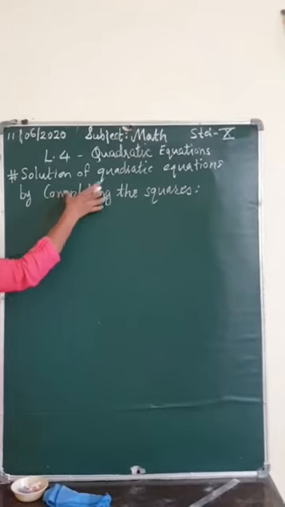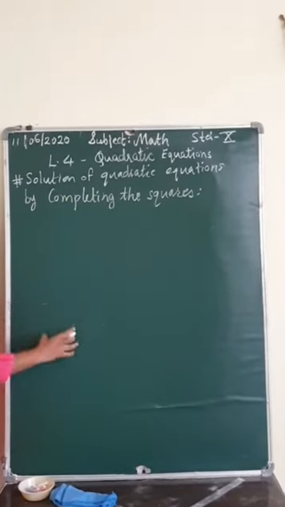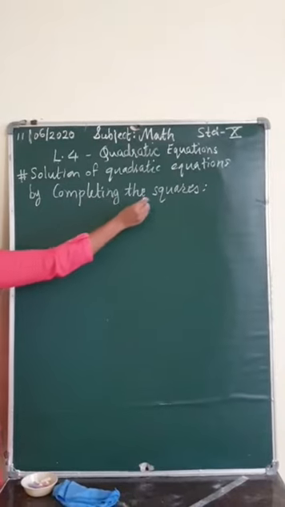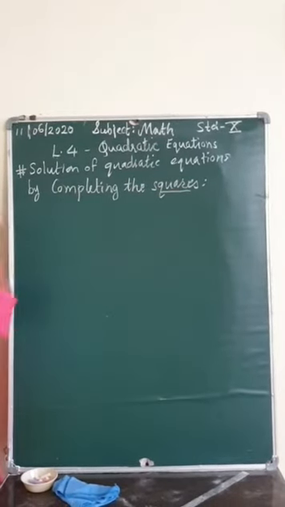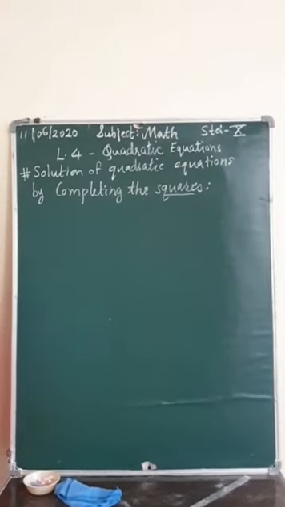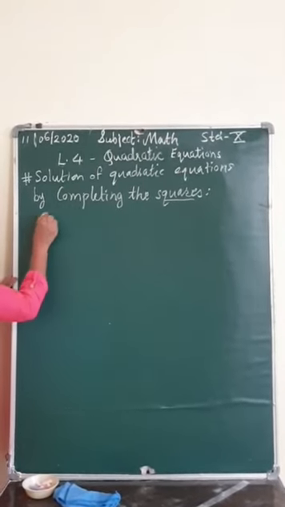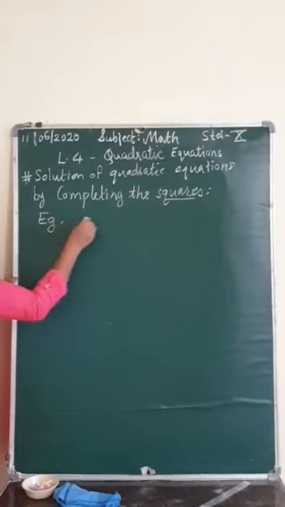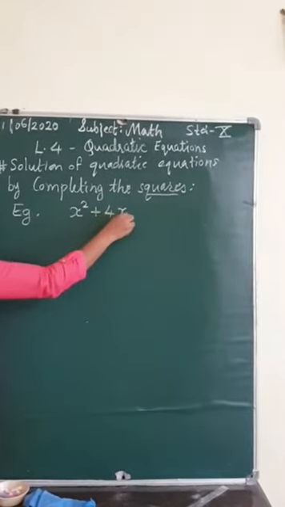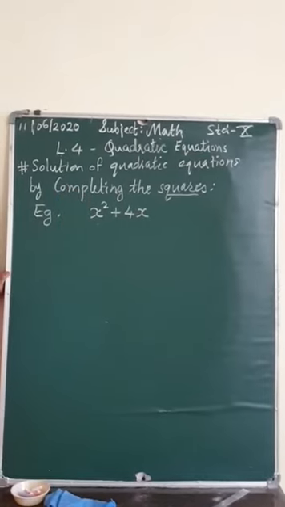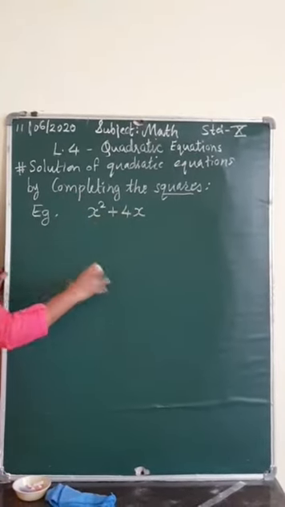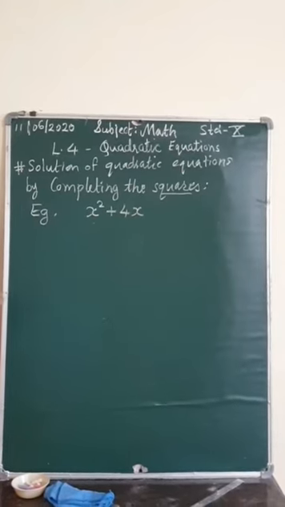Before we write the sums, we will see a square. When we say square, we have in our mind a square figure. So now if we have been given x square plus 4x, this quadratic polynomial, how do we represent this in a pictorial or figure form?